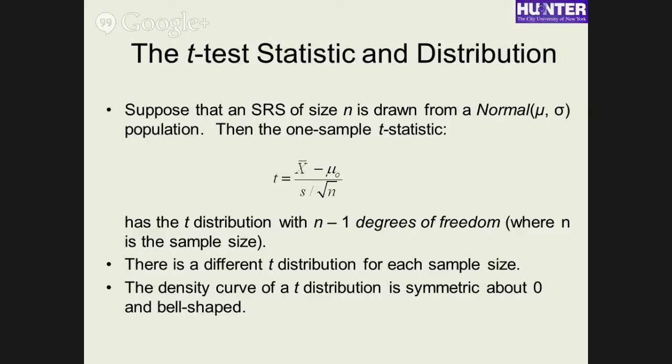Question is, what is n minus 1? So why are the degrees of freedom n minus 1? I do have a slide on this later, but you can think of degrees of freedom in a couple of ways.